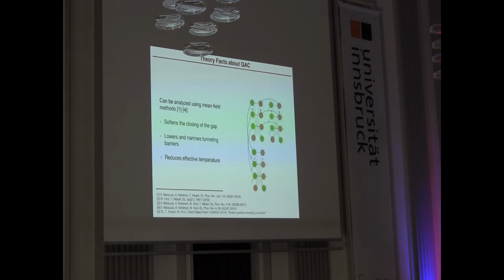It lowers and narrows tunneling barriers, and it also reduces the effective temperature. So you can basically trade qubits for lower temperature. You can't reduce the temperature of your dilution fridge anymore, but you can achieve an effective temperature reduction by encoding qubits using this kind of scheme. And all this can be proven using a mean field analysis. But I won't say any more about the theory now. I want to present the empirical results.